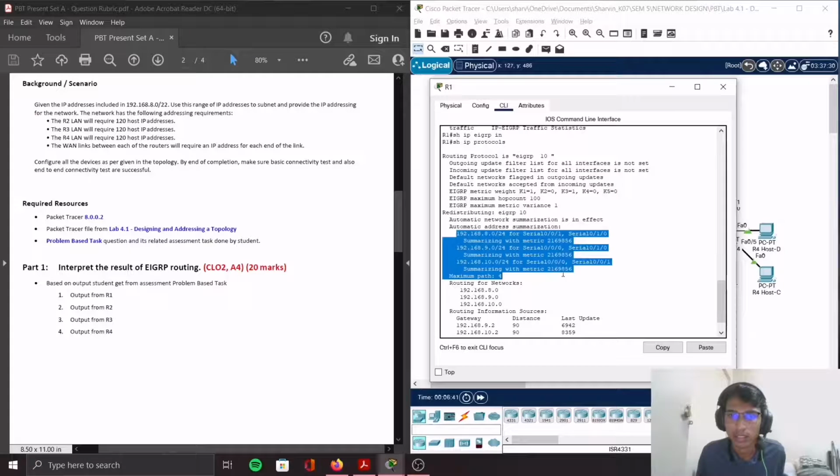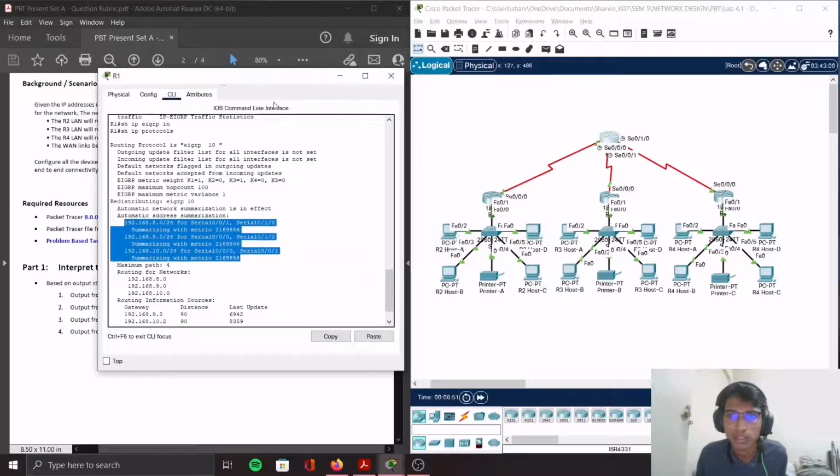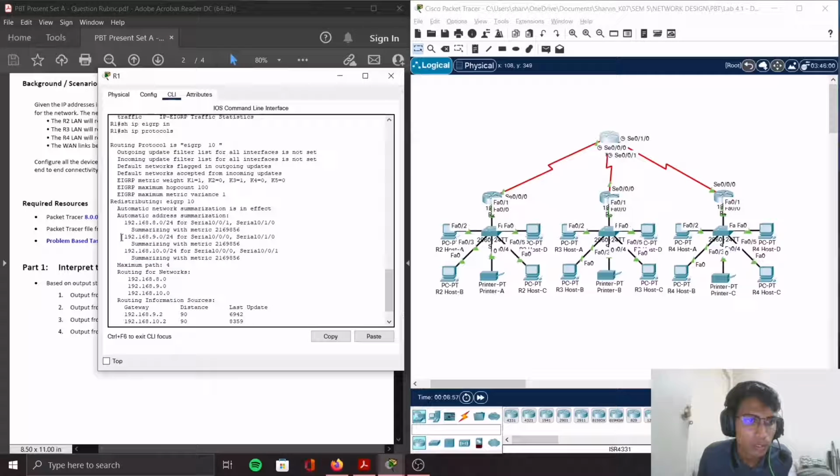You can see here we have three networks summarized in R1. The first is 192.168.8.0, which is the connection between R1 and R2. The second is 192.168.9.0, which is the connection from R1 to R3. And 192.168.10.0 is the connection from R1 to R4.